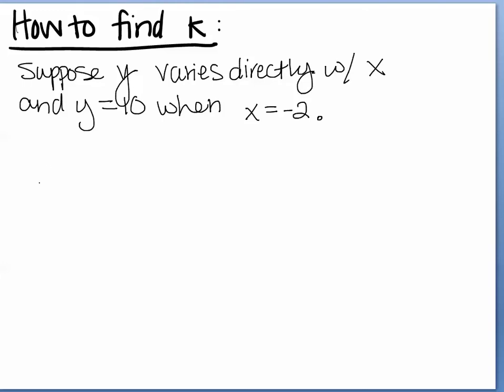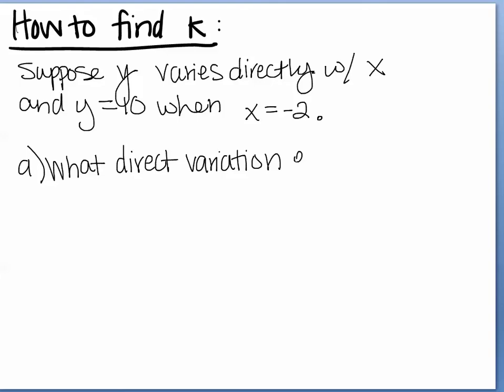So there's two parts to the question here. First part is, what direct variation equation relates x and y? So in order to find this, you need to find k.